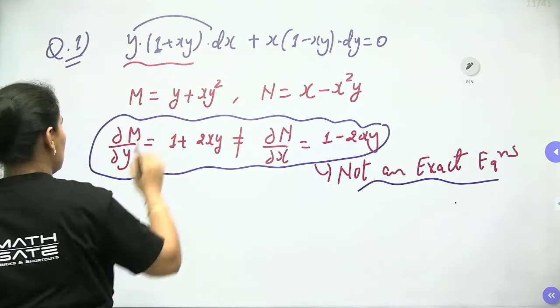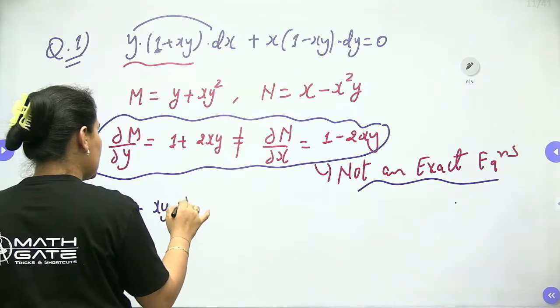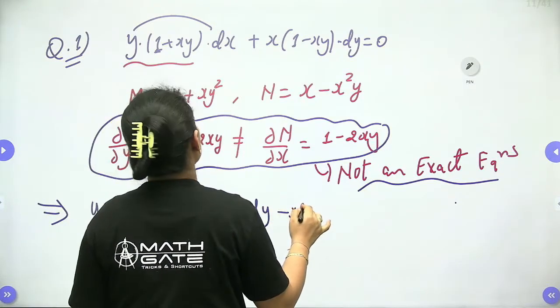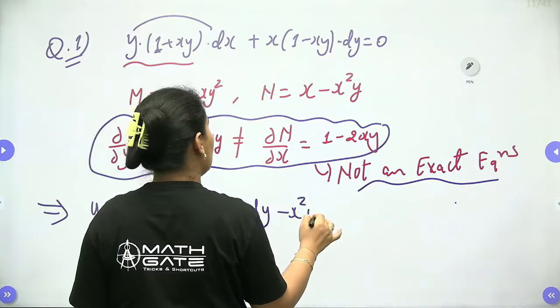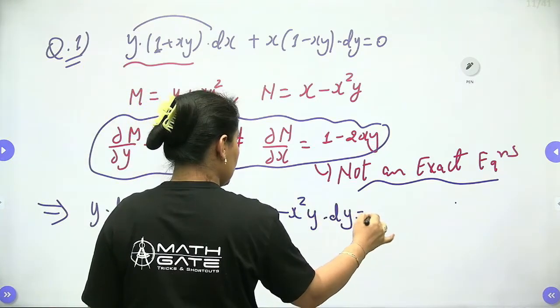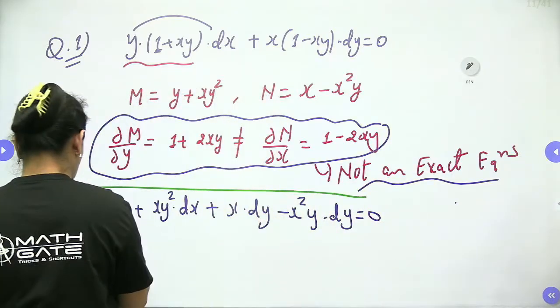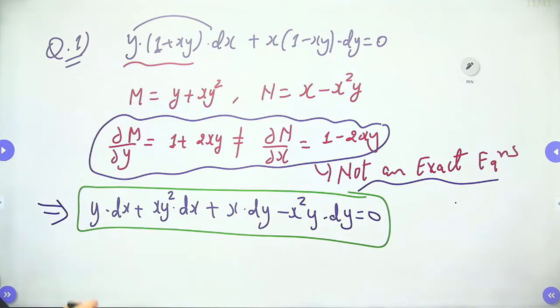Just open up y dx: it will be y dx, then xy² dx, then x dy, and minus x²y dy, is equal to 0. Isn't it? Exactly, we have it like this. Now how to approach?